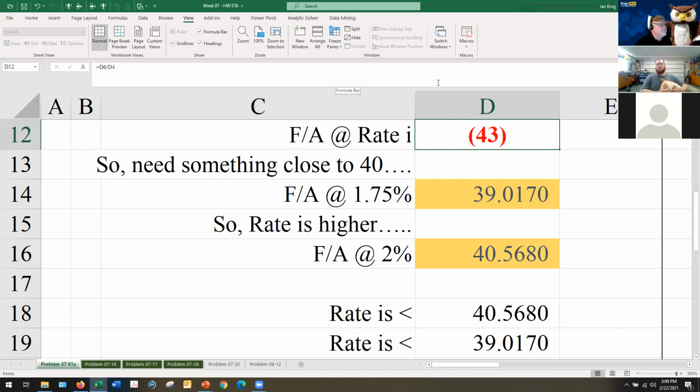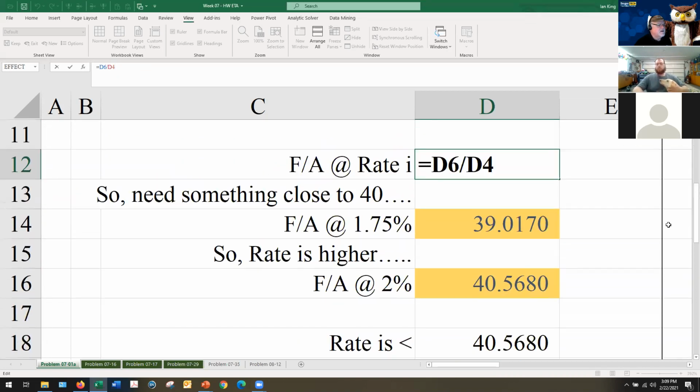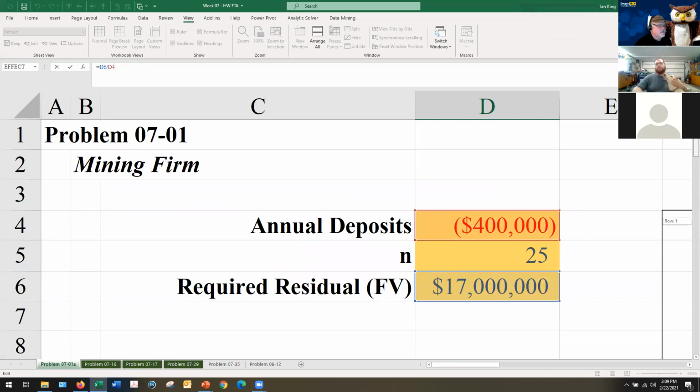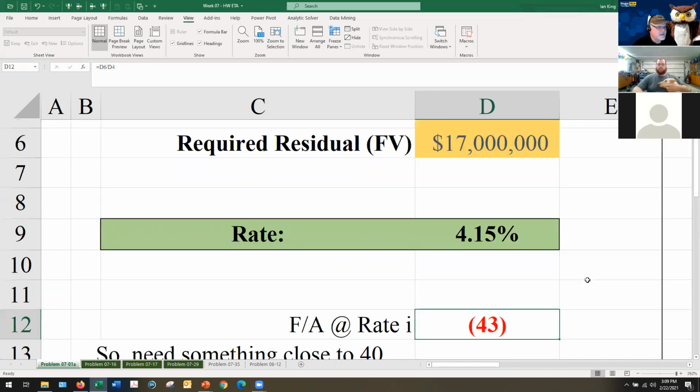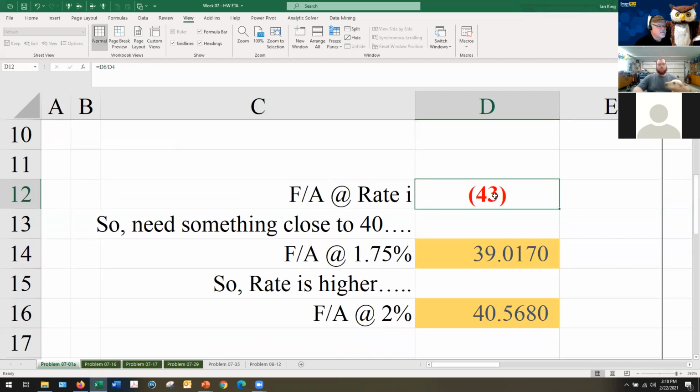They say, okay, by taking D6, which is your 400,000, divided by D4, which is your N. So something's going to have to work out to get you a rate around that. And basically you look at the tables until you find something about that that will make your calculation come true for that 17 million. You go through table by table, percentage rate by percentage rate, trying to find something that will get you close to that factor.